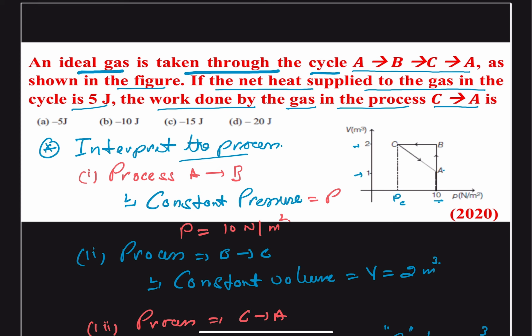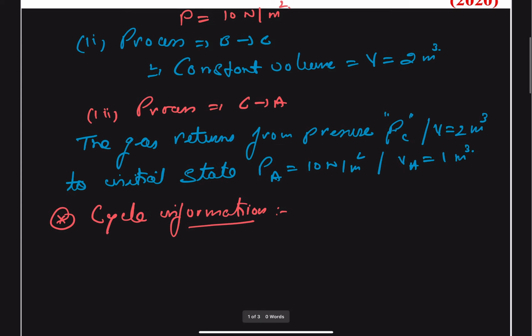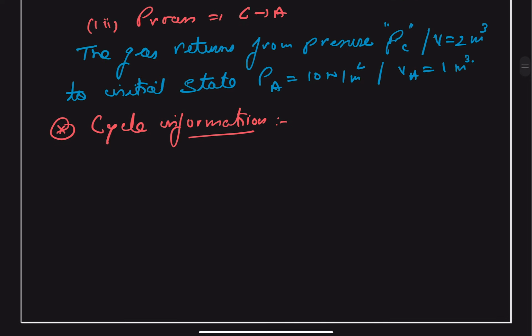So we can write that the net heat supplied to the gas, denoted as Q net, is 5 joules.